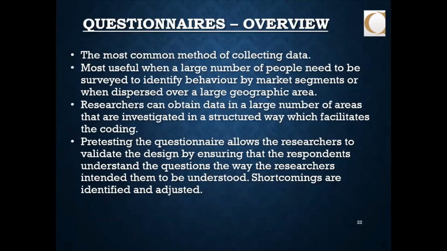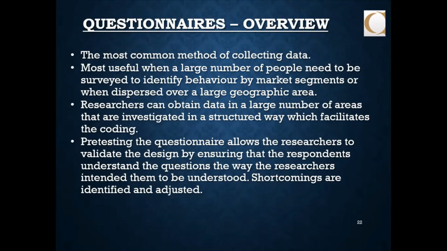Questionnaires are the most common method of collecting data, and they're usually used when we need a lot of people surveyed. They use that for the census. Hundreds of thousands of people are surveyed for the census, and it's very effective because they can send it through email or online methods, and it's quick to evaluate.